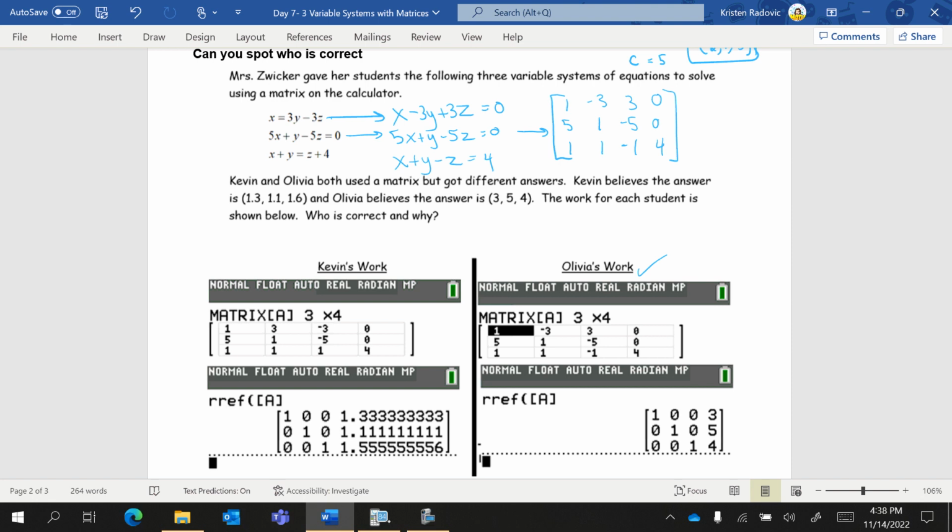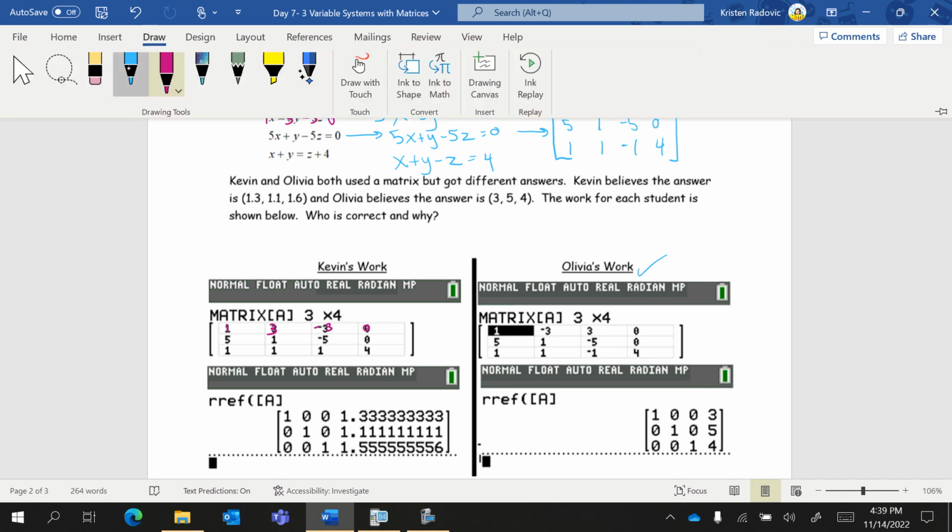But Kevin's work is not. And if you notice what Kevin did, Kevin just started typing in coefficients to begin with. So Kevin got his coefficients, 1, 3, -3, and 0, straight from the original equation. Do you see what he did there? He just started typing in the numbers right off the bat without setting the equation up properly.